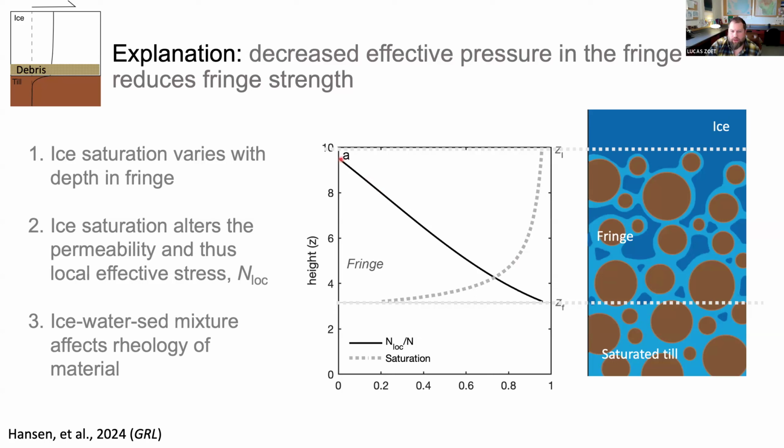What we're showing here is this normalized effective stress, which is the overburden stress minus water pressure, a low effective stress that then increases until you get down into the saturated till. So even though this zone may not be very big, it might only be a couple of centimeters, it turns out to be pretty important for how it's regulating the mechanical interactions right where the ice sits on the bed.